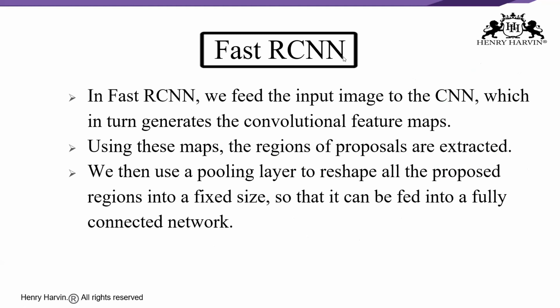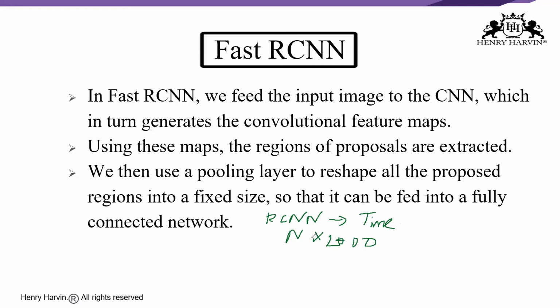What was the problem with the RCNN? The time was too much; it was taking more time. So how do we reduce the time taken by the RCNN algorithm? If there are N images, it will be finding 2000 regions each, as we have discussed.